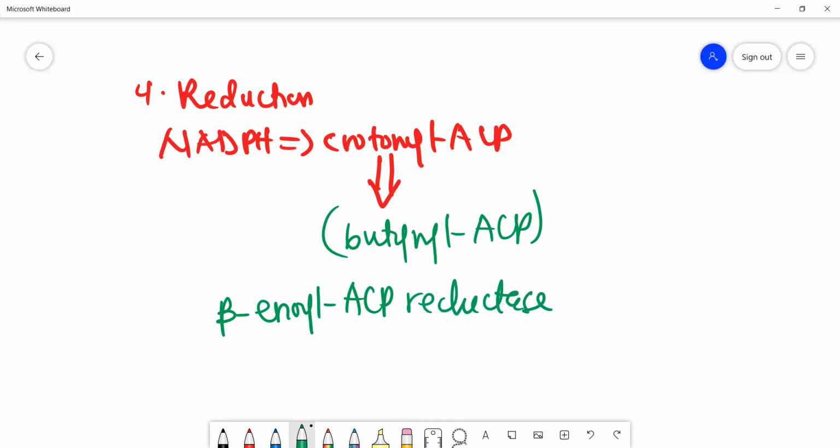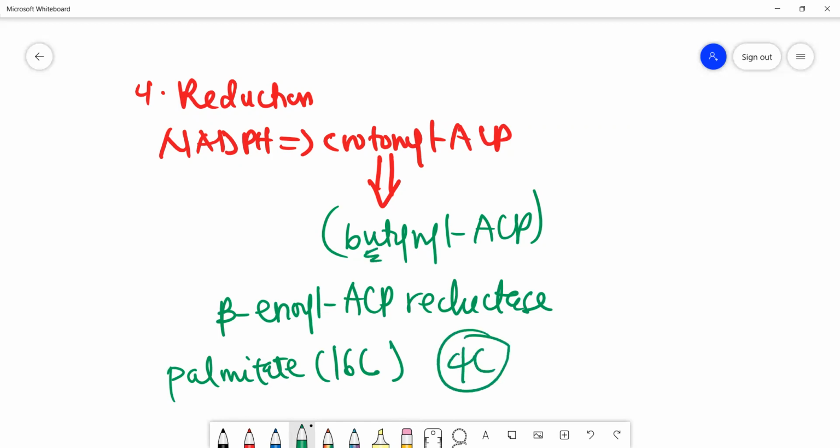Now, we agree that palmitate is 16 carbons, and at this point we have butyryl, which is 4 carbons. So what happens is that we have to extend the chain, right?